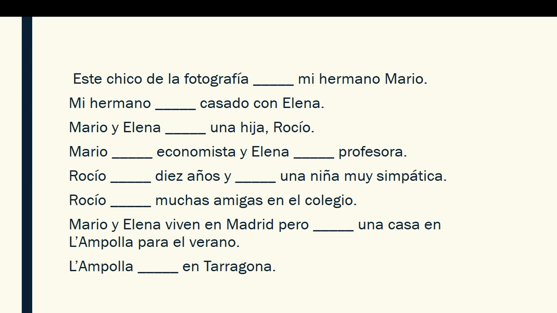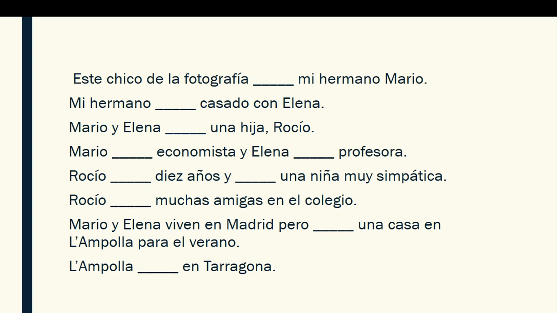Rocio ___ muchas amigas en el colegio. Mario y Elena viven en Madrid, pero ___ una casa en Lampoya para el verano. Lampoya ___ en Tarragona. Let me repeat. Este chico de la fotografía ___ mi hermano Mario.